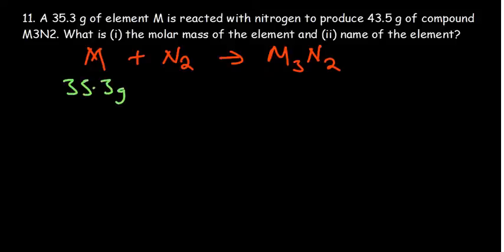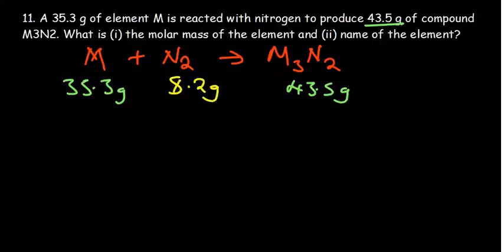And then we've been told the compound that was produced was 43.5 grams. So if we've been given the mass of the compound and the mass of one element, we can subtract the two to get the mass of the missing element. So that's how we're going to get the mass of our nitrogen. So after subtracting the two, the mass of nitrogen is 8.2.